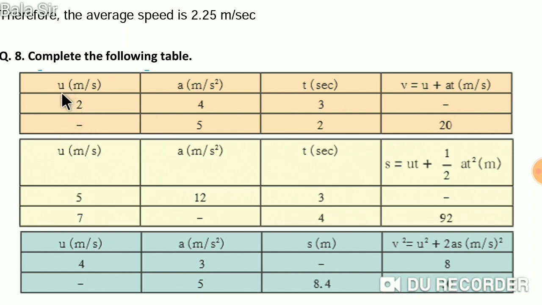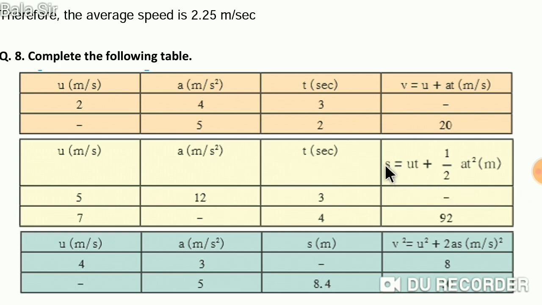Second sum, U is blank. That means U we want to find. A is given as 5 meter per second square, T is 2 second and V is given as 20 meter per second. Third sum, U is given as 5 meter per second, A is given as 12 meter per second square, T is given as 3.